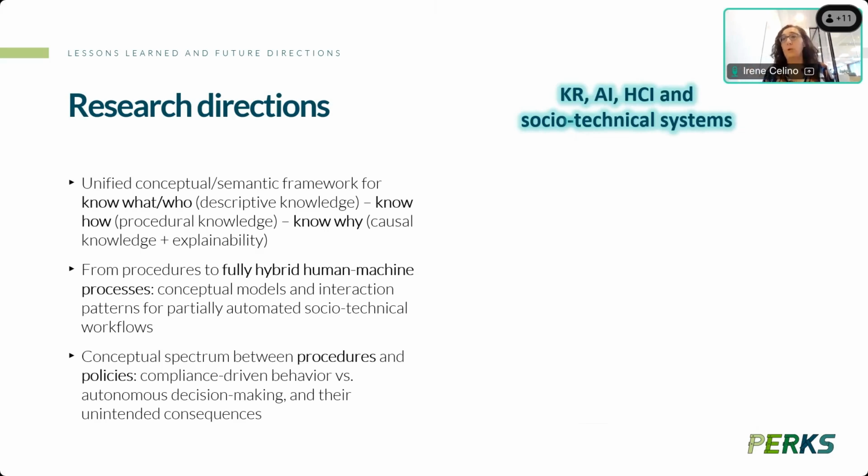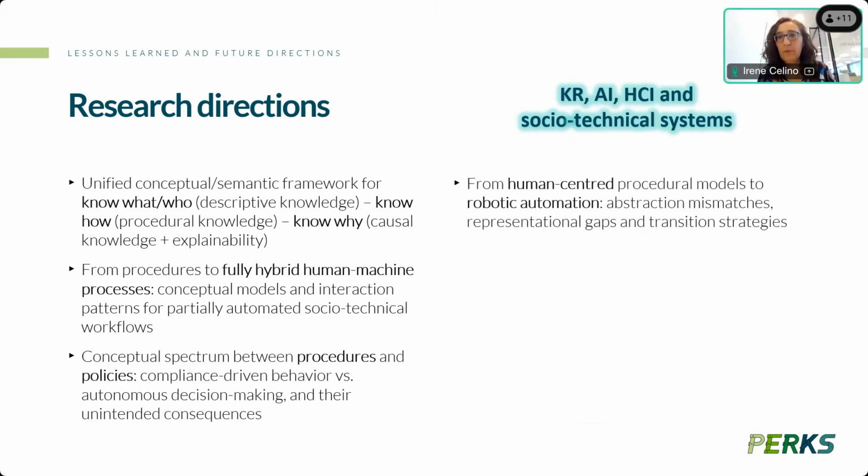There are a million reasons why you want to deviate: because the conditions changed, because there was an error in the procedure, because you know best what is happening there. So there is a spectrum between prescription of procedures and the more autonomous decision-making, autonomous agent policies. And I think that also here there is a spectrum that is worth exploring.